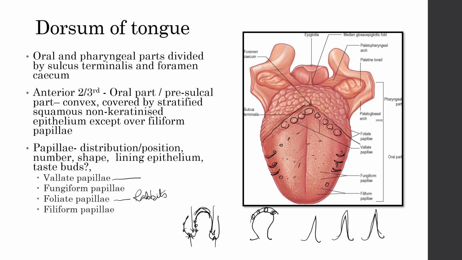So we say everywhere on the tongue there is non-keratinized epithelium except over the filiform papillae, which have keratinized lining epithelium. They are devoid of taste buds, and these papillae make the surface of the tongue rough to hold the bolus of the food.